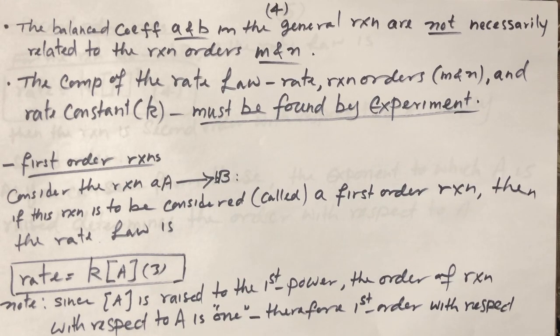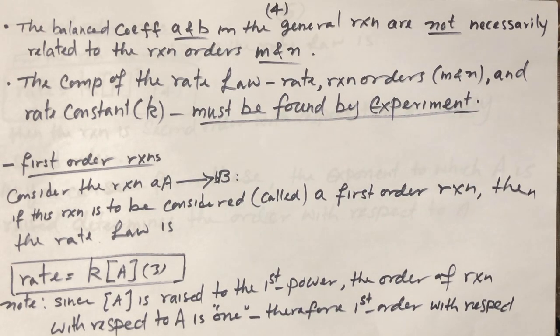The other key point is that the components of the rate law, which are the rate expression itself, the reaction orders M and N, and the rate constant K, we collectively refer to as the components of the rate law. So basically M, N, and K are what we are calling the components of the rate law.